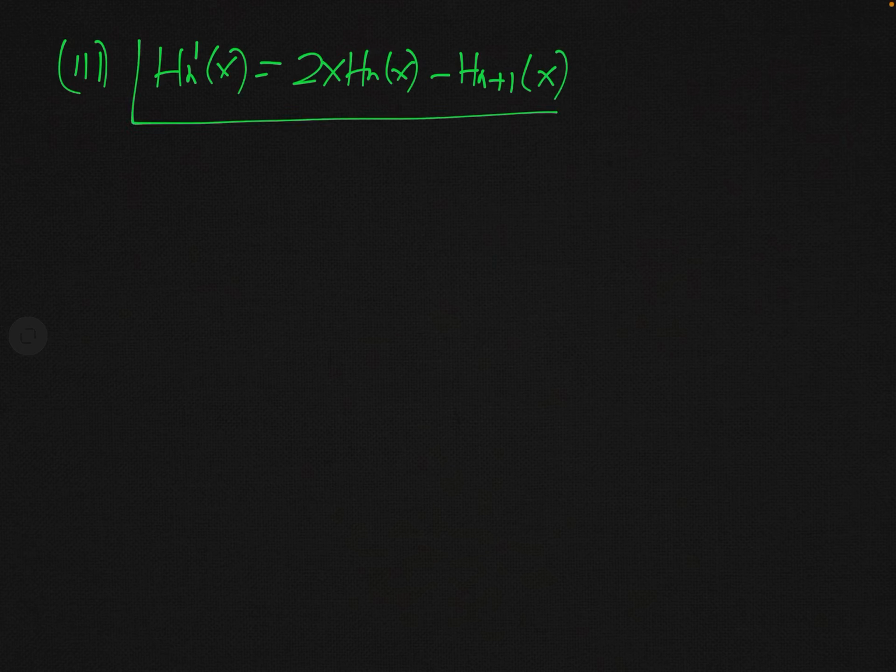This is actually the third recurrence relation regarding the Hermite polynomial of order n. Now, this result can be easily proved by simply using recurrence relations 1 and 2, which we have already obtained. So let us write these two recurrence relations here.